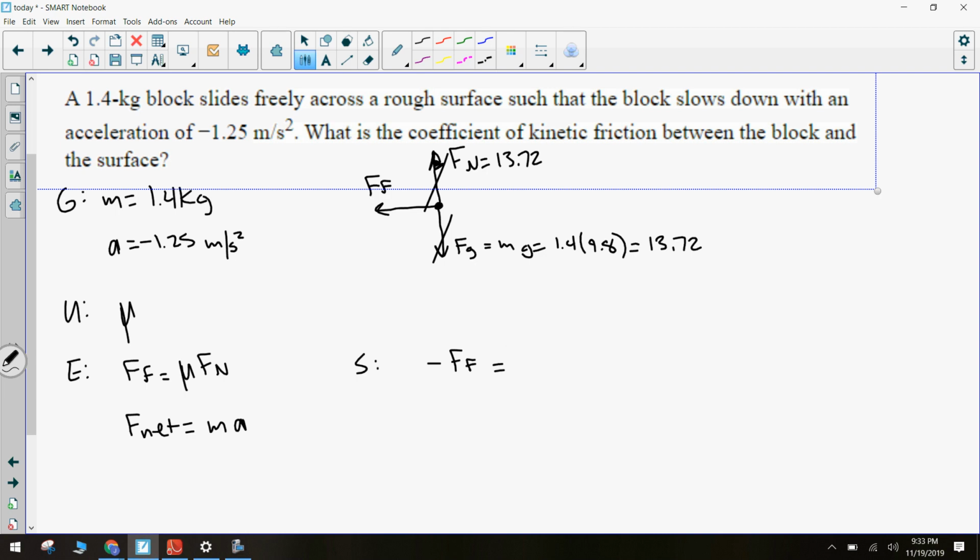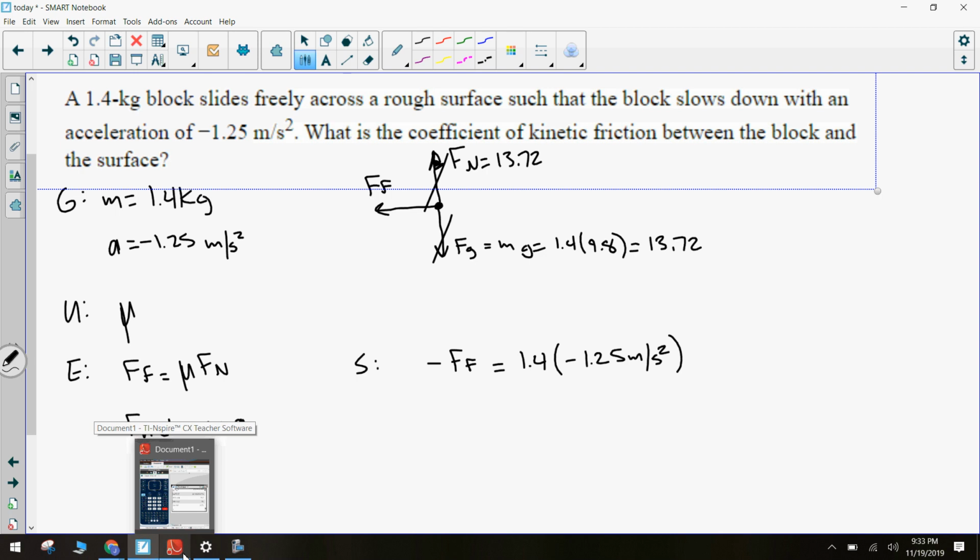It is equal to this object's mass, which is 1.4 kilograms, times the object's acceleration, which is negative 1.25 meters per second squared. I guess I really didn't need to write the meters per second squared, but I did. And now I can't stop myself. So enjoy that little mistake.